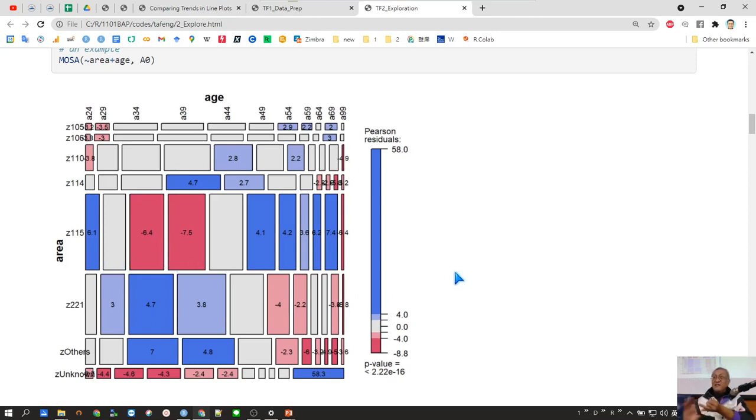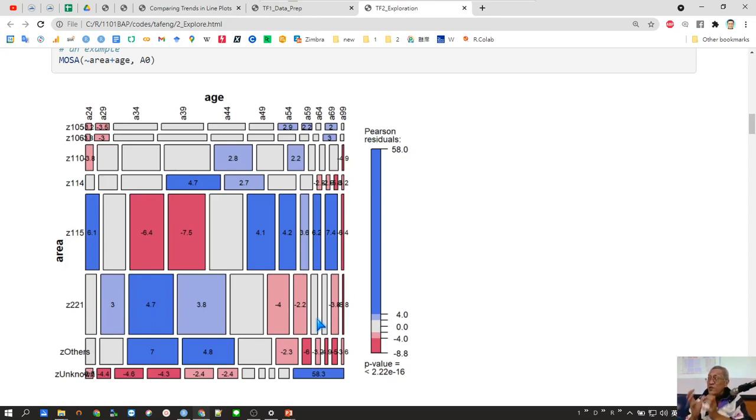In Nangang, your customer distribution has more younger groups, right? Okay, and for some reason in Xizhi, your customers have a larger distribution in A29, 34, 39, and they have fewer elderly in Z221, right?